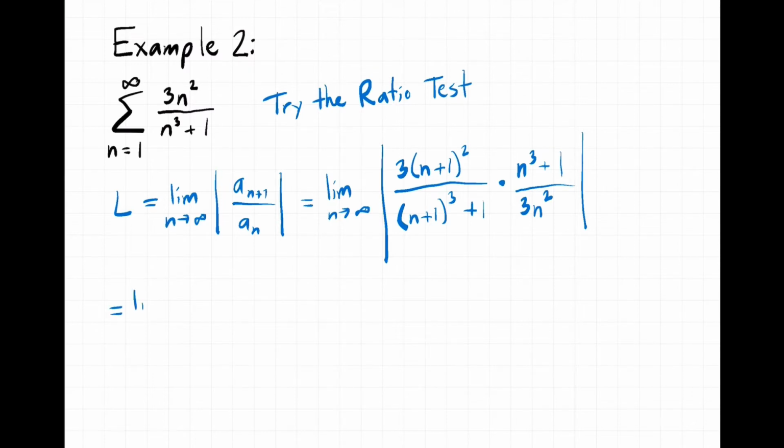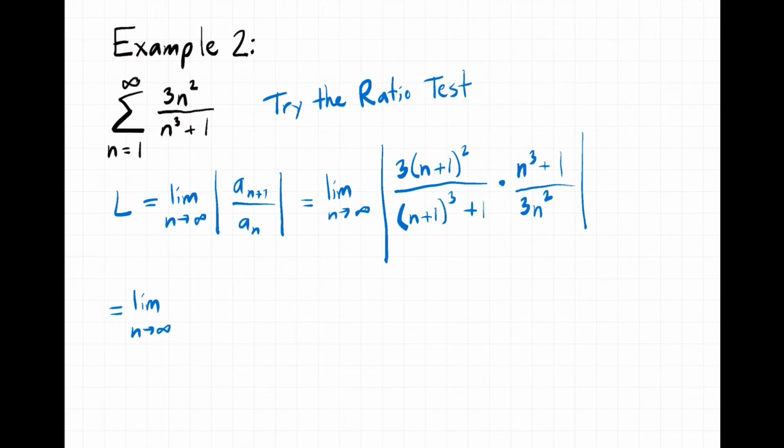This equals the limit as n goes to infinity. First thing that I'm going to note is that every expression that we are multiplying or dividing by in here, all of the factors are positive. n is large and approaching infinity, say n is 100 million. Each of these things is positive. So the absolute value is actually not doing anything here. So I'm going to drop the absolute value signs right away.